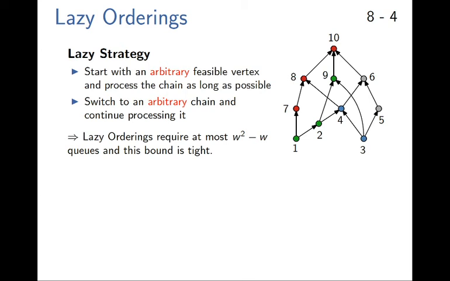So the lazy strategy is a bit better than the worst case, and we were also able to show that this bound is tight. So we have an example in the paper, some construction, where essentially by making bad choices, this lazy strategy hits this bound. So this bound is really tight.